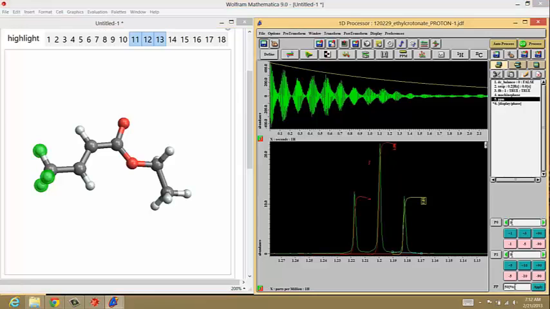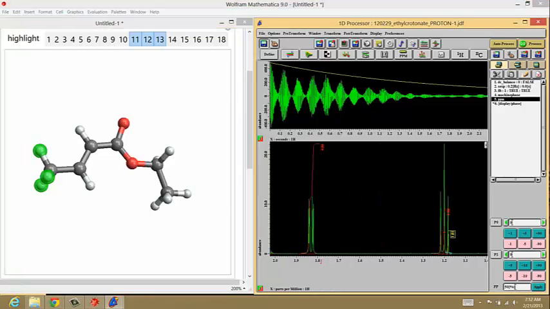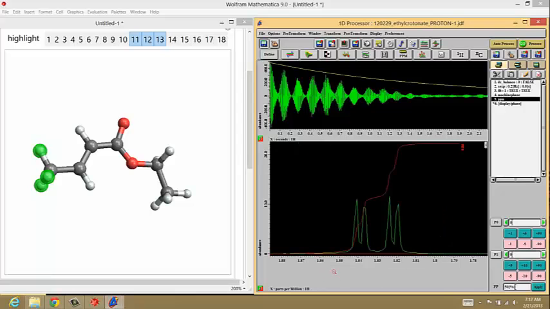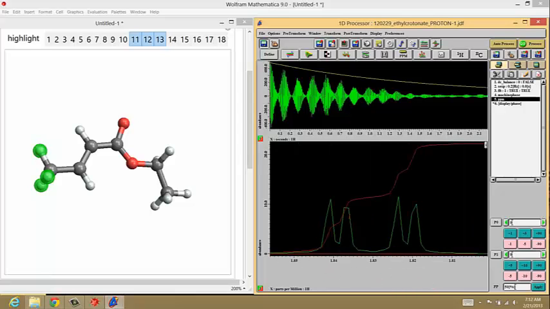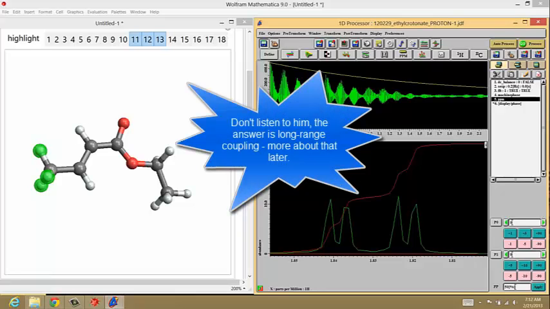Let's see if that's true. We look at the other peaks, and we actually see a doublet of doublets, and that's because of the impurities, or possibly because of longer range coupling.